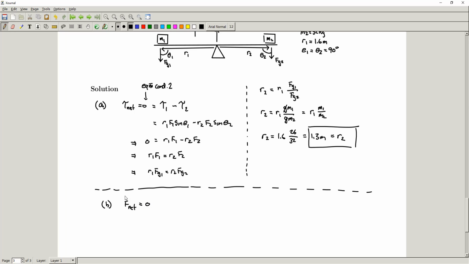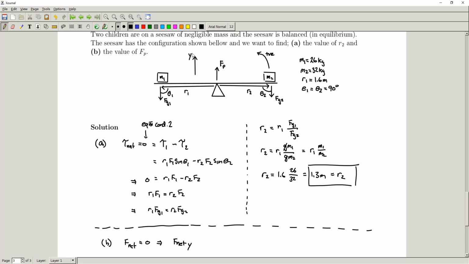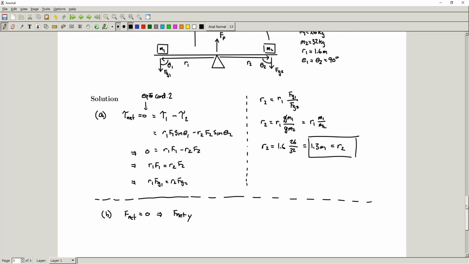This tells us that our F net in any direction has to be equal to 0, but this time we're interested in the y direction because both of our gravitational forces are operating in the negative y direction, and FP is operating in the positive y direction by the coordinates that we've set up here.